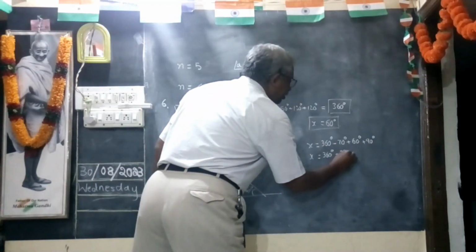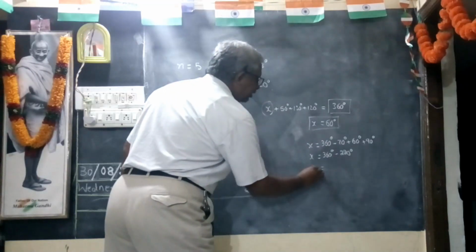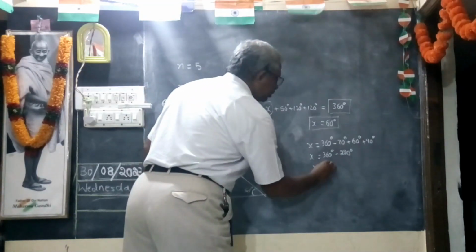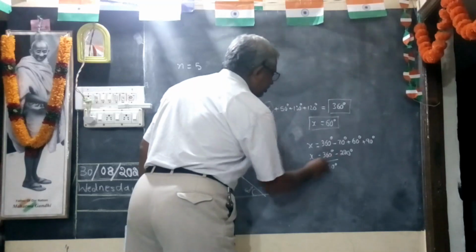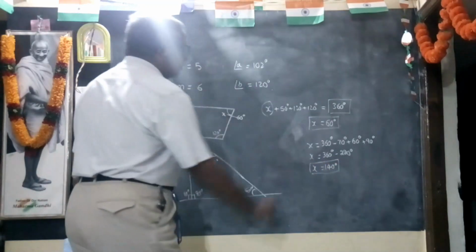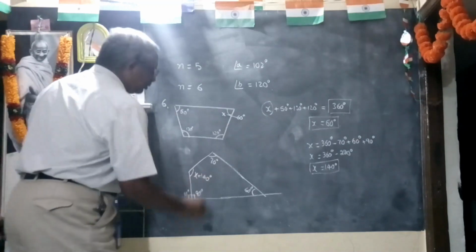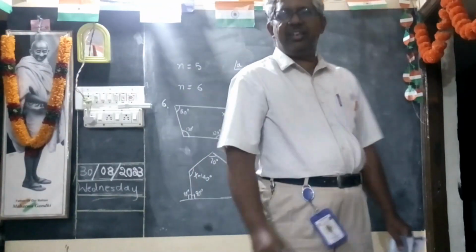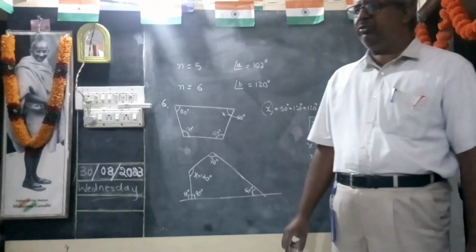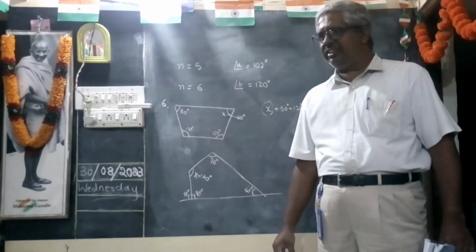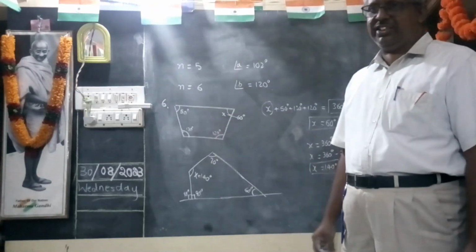Okay. Now you tell me. 140. So x is equal to 140 in this case. Very good. So the sum of all the internal angles of a quadrilateral is going to be 360 degrees.